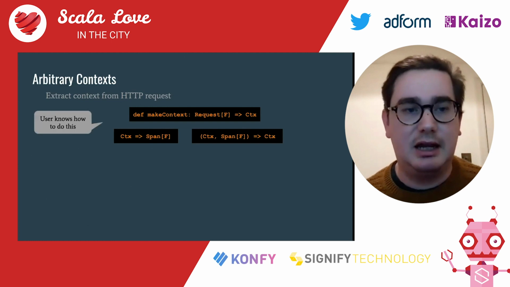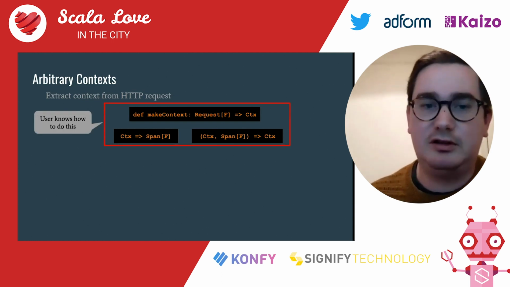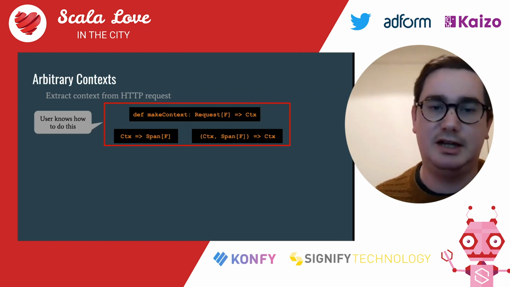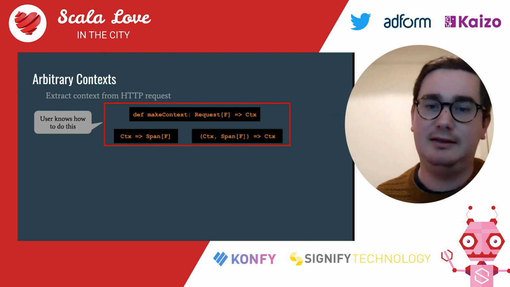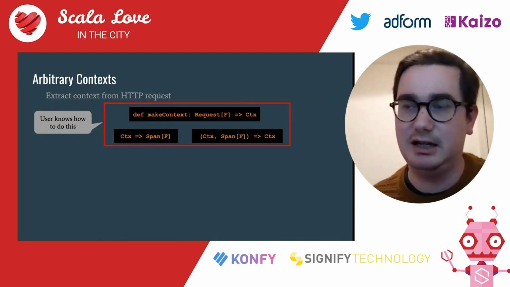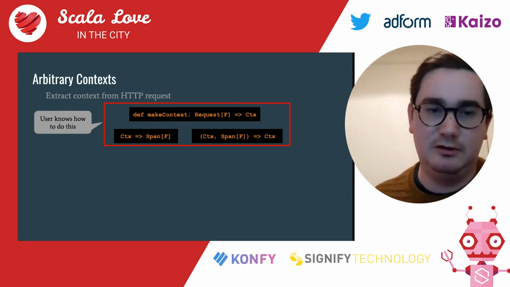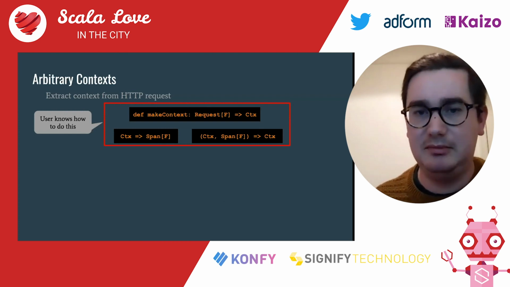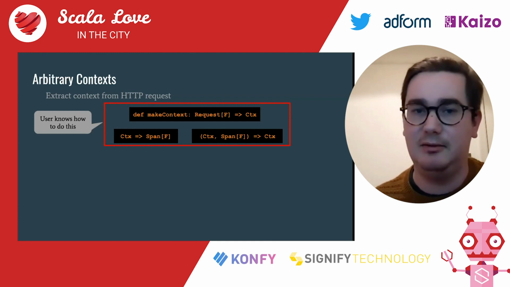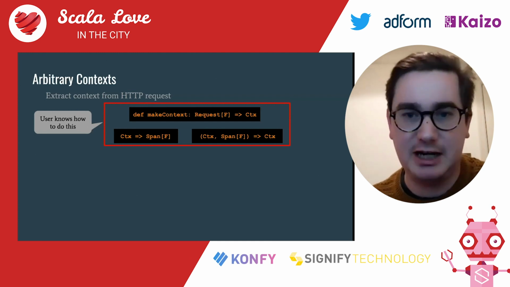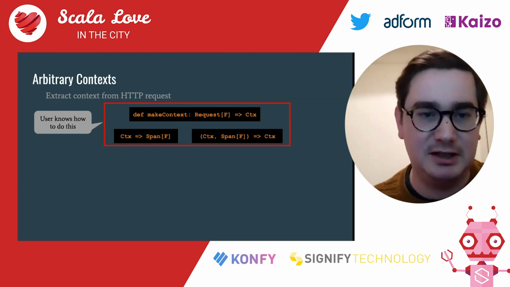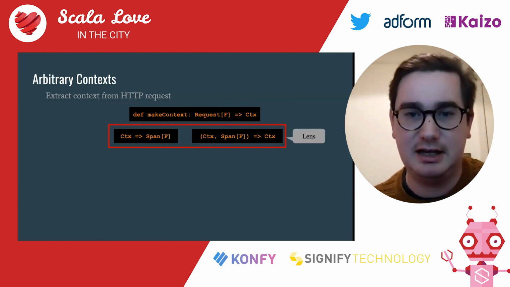In order to do this, the user needs to know how to go from context to span, and then back from span to context, given another context, or given the original context. So Trace4Cats provides utilities to help do this, and I can go in depth in spatial chat later. But if anybody's used optics before, you'll recognize this as a lens.